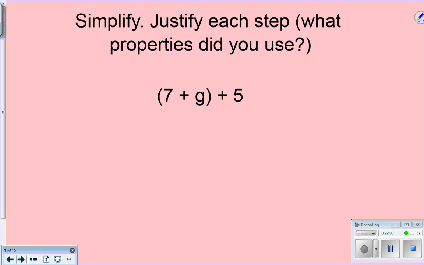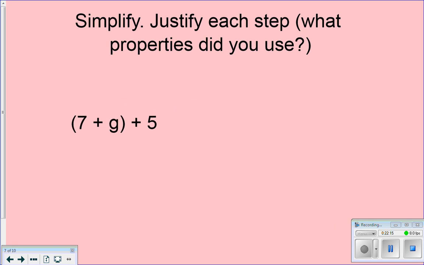Alright, so let's simplify this. This is what you're going to have to do in your homework today. So I have 7 plus G plus 5. And what we have to do is we have to use the properties that we just learned about to simplify this. So the first thing I need to think about is what numbers should go beside each other that I can add. 7 and 5, right? So what can I do to 7 and G?